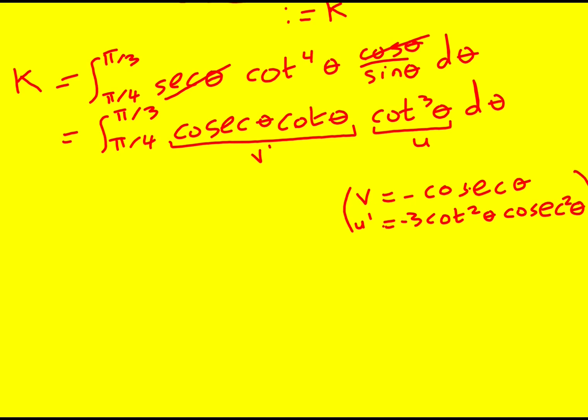Brilliant. Right, now let's just write out integration by parts again. So uv evaluated between pi over 4 and pi over 3, minus the integral of u dash v evaluated between the same limits.